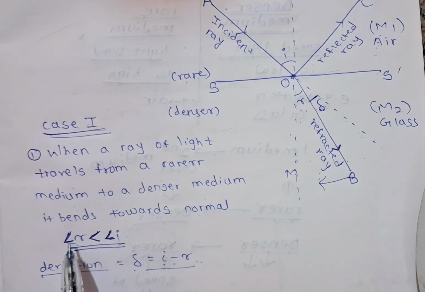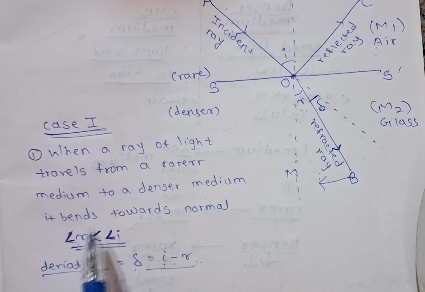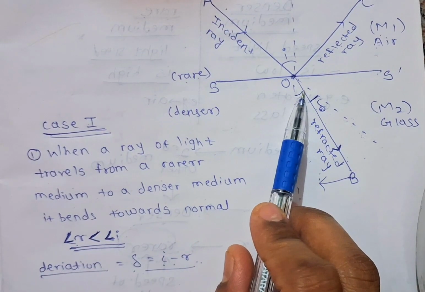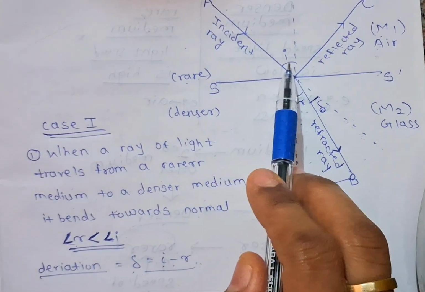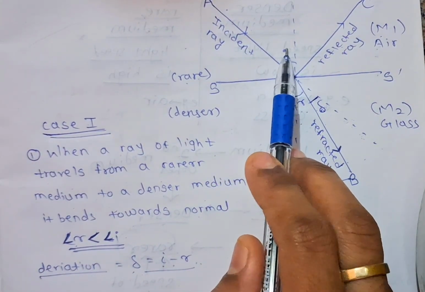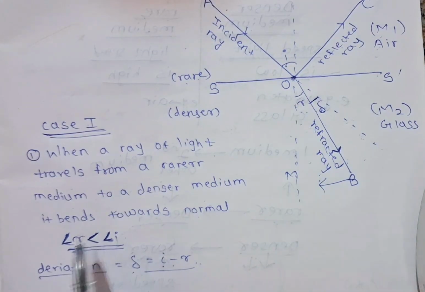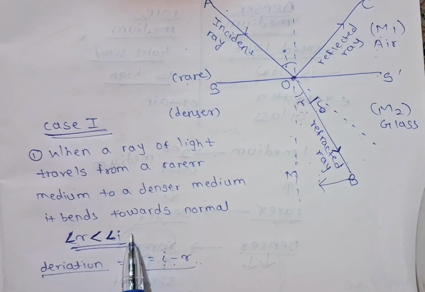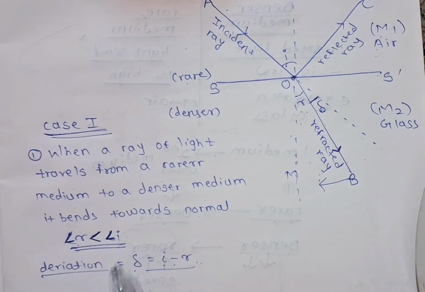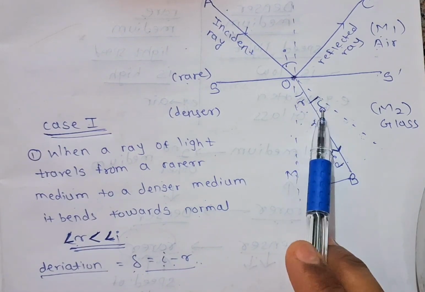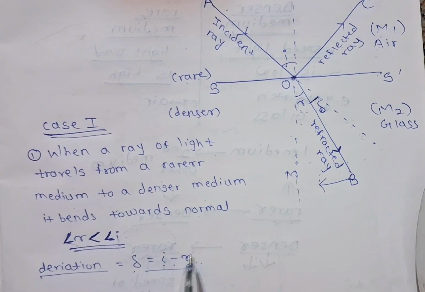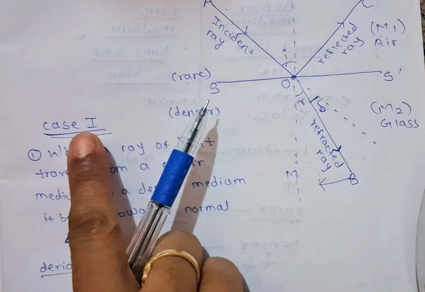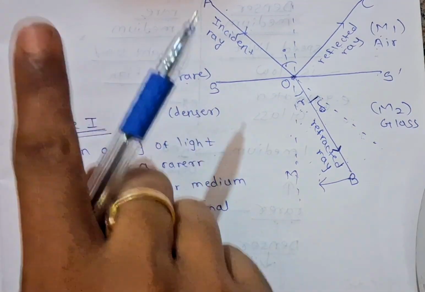So the angle of refraction r is less than angle i, and the deviation delta equals i minus r. This is the first case in refraction.